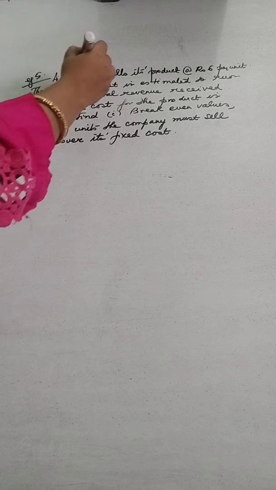This is the next question. The question says that a company sells its product at the rate of rupees 6 per unit. The variable cost is estimated at 25% of the total revenue received.